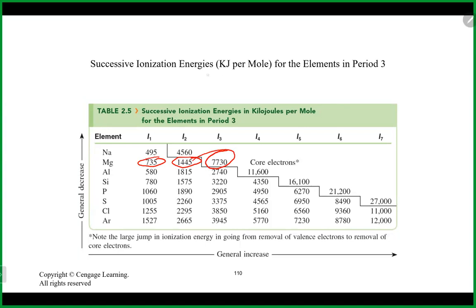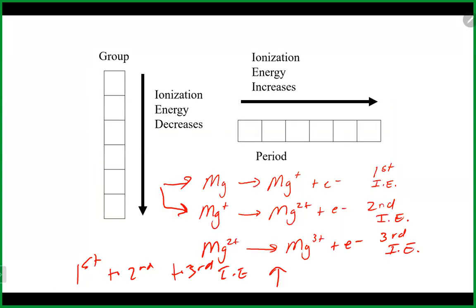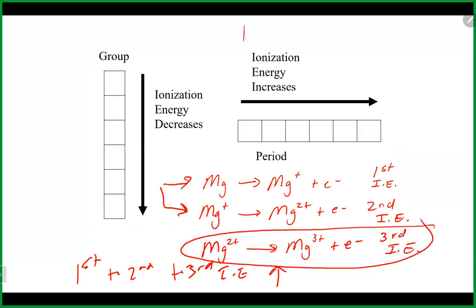And it doesn't happen because when we get to that third electron here, if we look at the electron configuration for magnesium, it looks something like this. Magnesium has 2 valence electrons, which is pretty much through our first and second ionization energy.